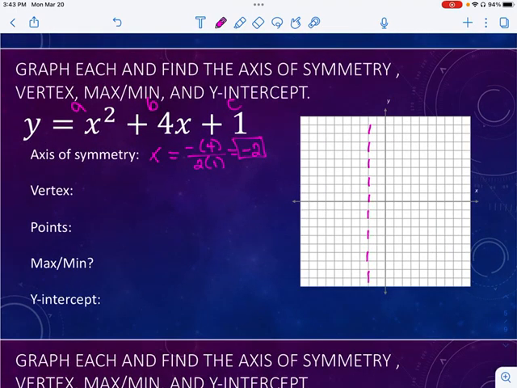Now, somewhere on that line, I know my vertex has to be. So my vertex x is negative 2, and I'm going to plug negative 2 in. So negative 2 squared, that's 4. 4 times negative 2 is negative 8, so that's a negative 4, plus 1 would be a negative 3.